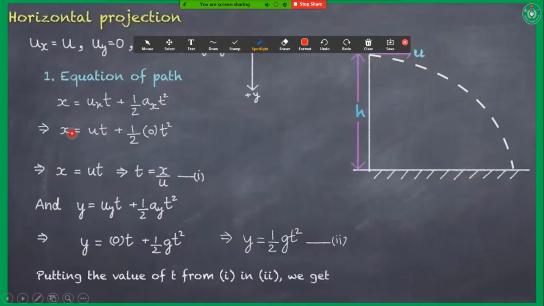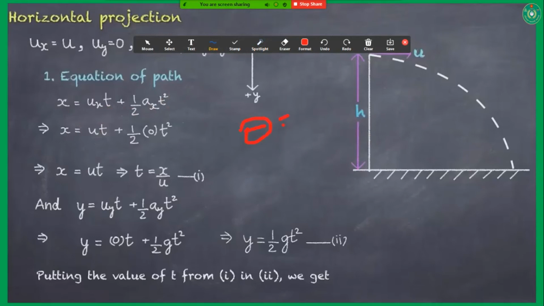Equation of path: x is equal to v naught t plus half a t square. Since this body is projected along the horizontal line, theta is 0.